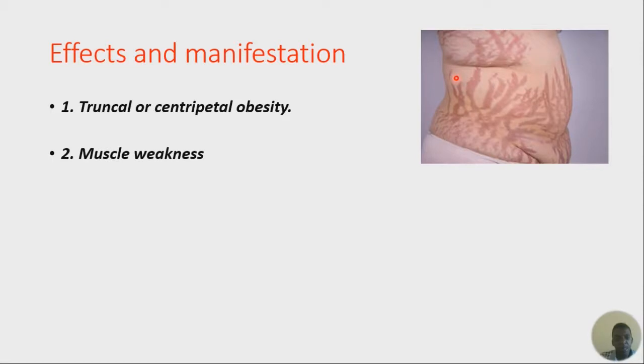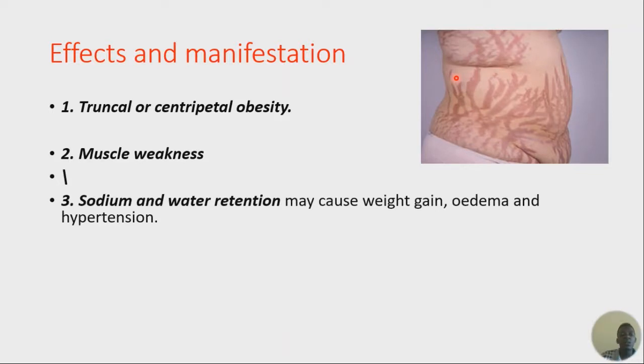Muscles will become weak, because cortisol increases protein degradation. And the sodium and water retention may cause weight gain, edema, and hypertension. During high cortisol, you retain a lot of sodium, and therefore you can get edema and hypertension.